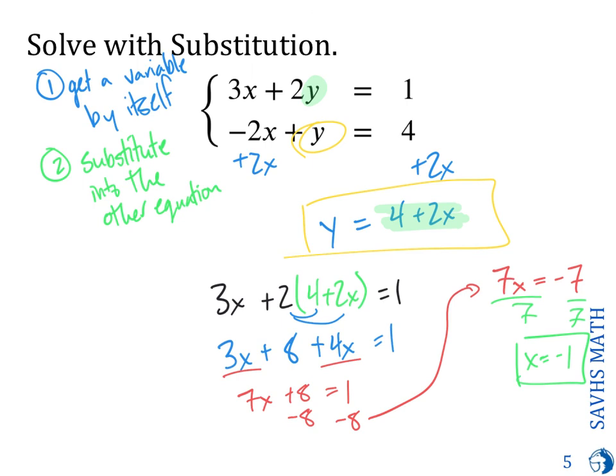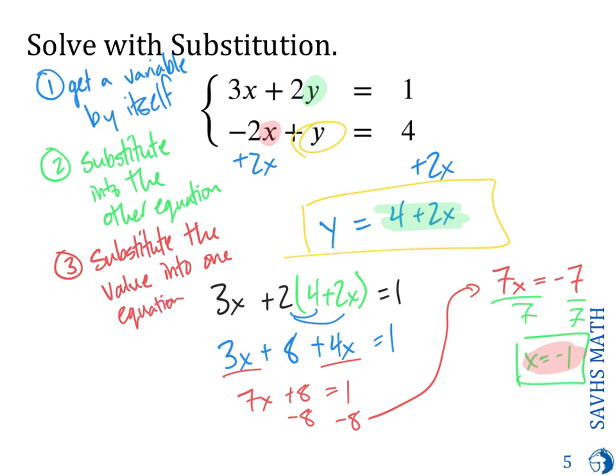I'm not done, because now I have to substitute my x is negative 1 into one equation. It doesn't matter which equation I use here, so I'm just going to grab this one. So step 3 would be to substitute the value into one equation.